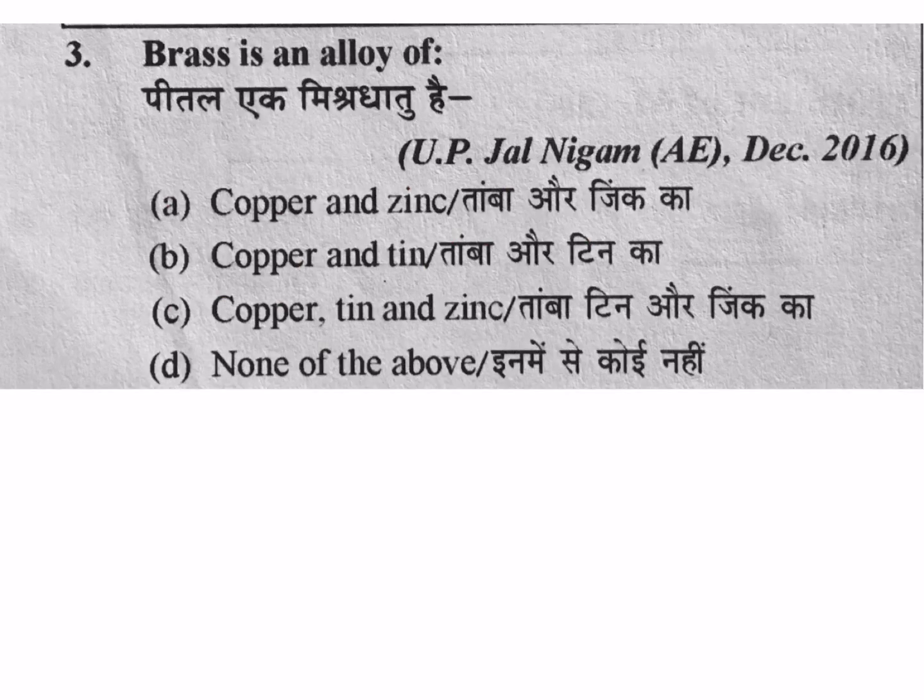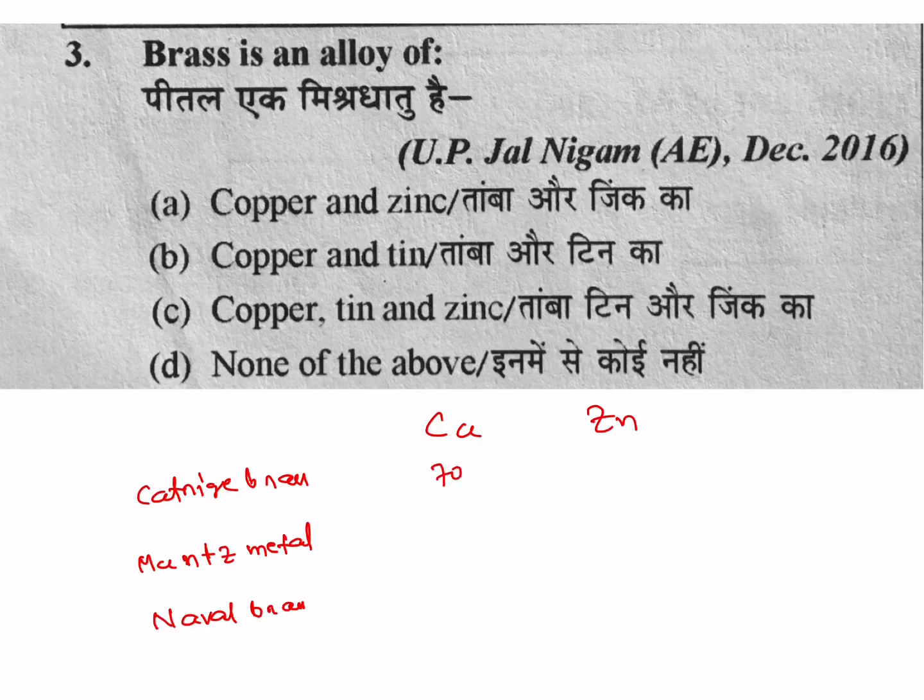Brass is an alloy of copper and zinc. Cartridge brass is copper 70% and zinc 30%.